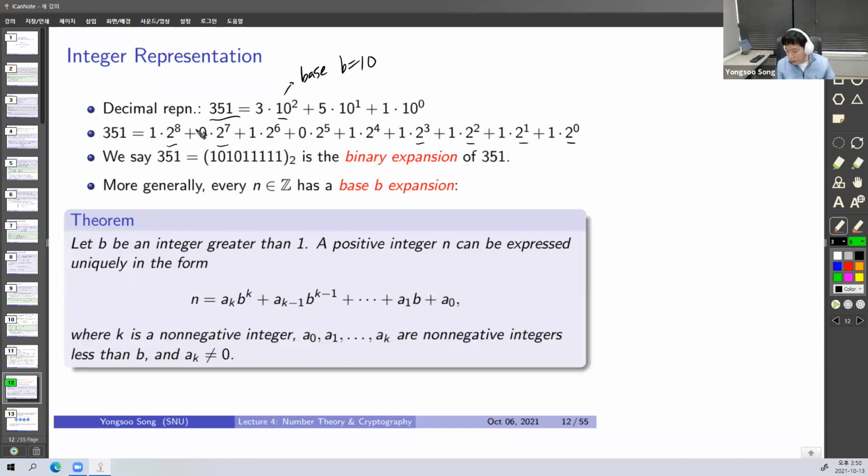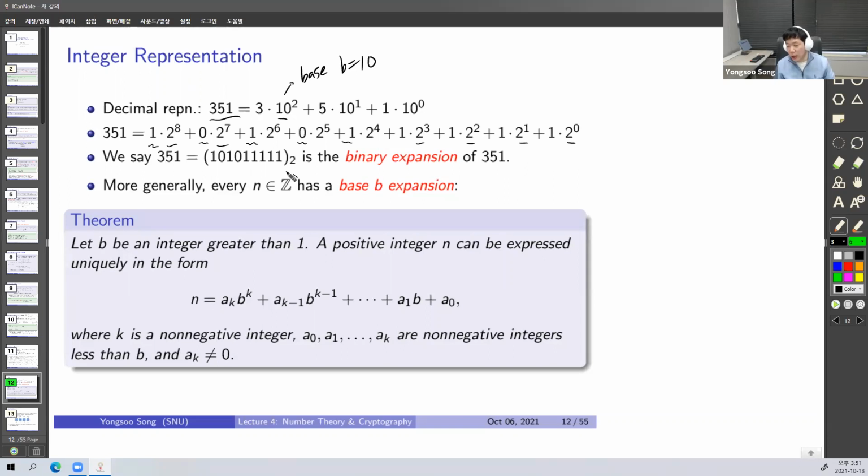So you just write a binary string, which is just a concatenation of these coefficients in front of the powers of 2. And you also describe the base you used in this representation. This is called a binary representation or binary expansion of 351, base 2.